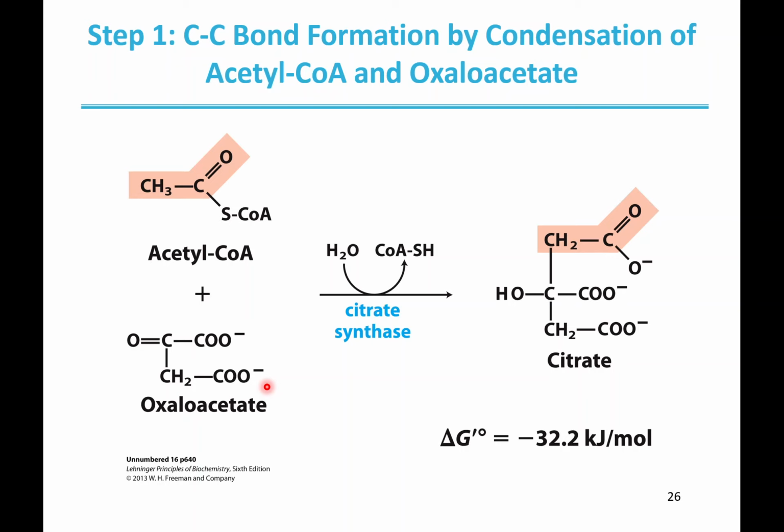I should point out the structure of citrate here first. The acetyl group is being added to this carbon, the one with the carbonyl on oxaloacetate, and then we get a 6-carbon molecule, which is citrate.